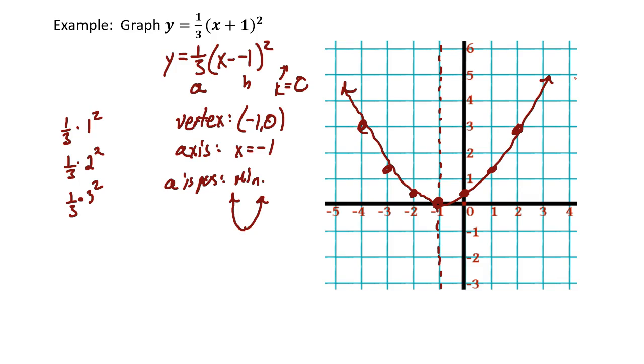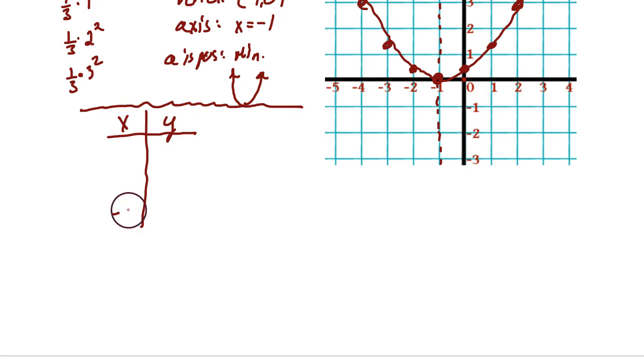And fourth, figure out dots on the sides of the parabola by squaring 1 and timesing by the value of a, then squaring 2 and timesing by the value of a, and then squaring 3 and times by the value of a. That technique is equivalent to figuring out an XY table, filling in the vertex, and then choosing numbers that are to the left and to the right of that vertex.